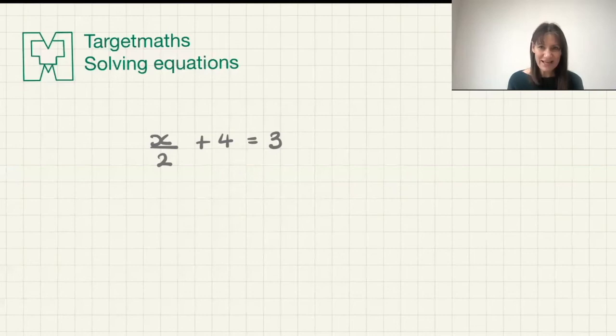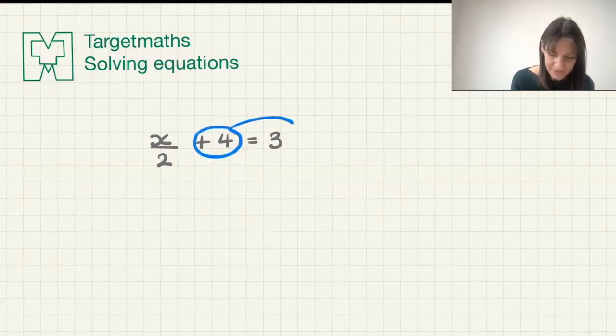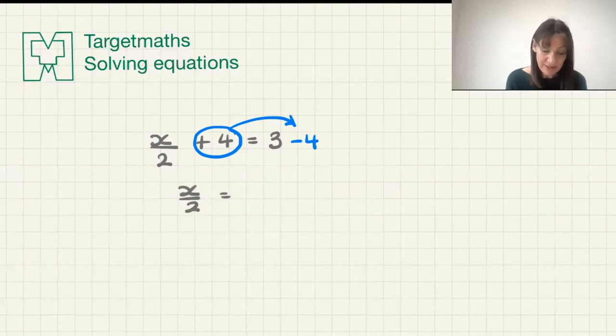It's still going to be the last thing I say is the first thing I hop, okay? So over it goes, landing as a minus 4, leaving me this equaling 3 minus 4 is minus 1. Do not be afraid of the negatives.